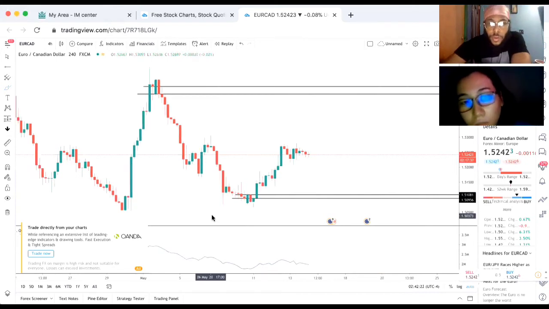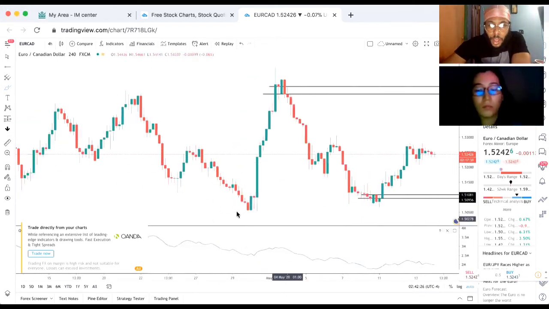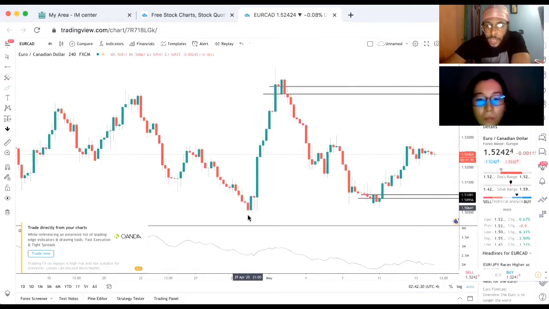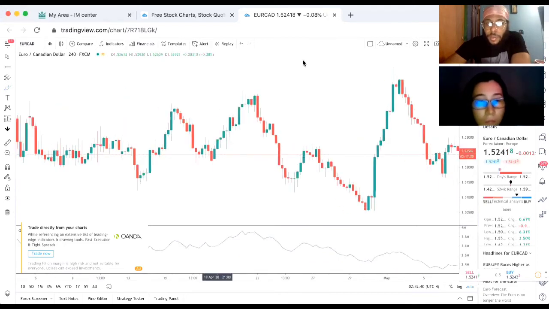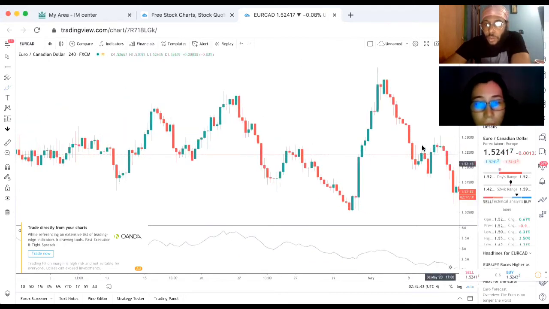So look at this one right here. This was a point of interest at one point. Notice how it's the last red candlestick before the push up. So let's say this hadn't happened and we saw price coming down, it went up, and we saw it coming down some more.